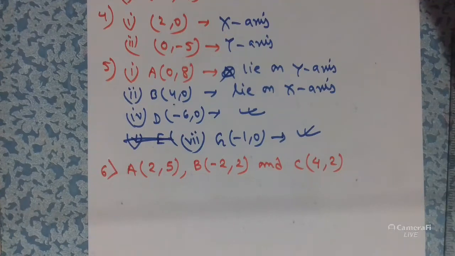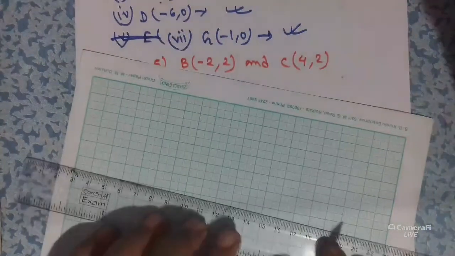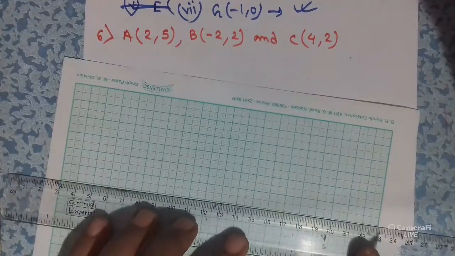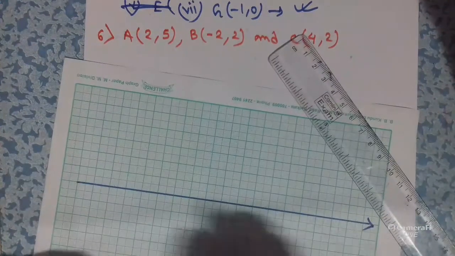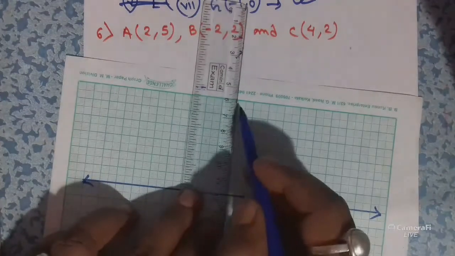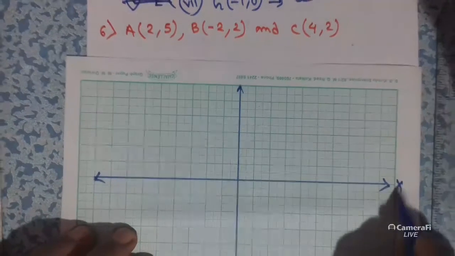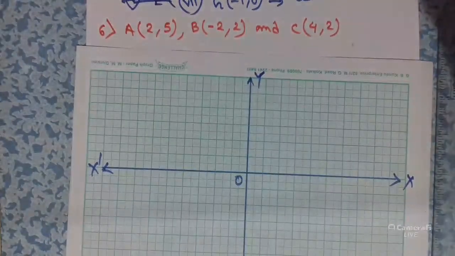Okay, fine. So at first we have to plot these points. Before that we have to draw the axis. So at first we have to draw the x-axis and y-axis. So it is x, it is origin, x dash, y and y dash.